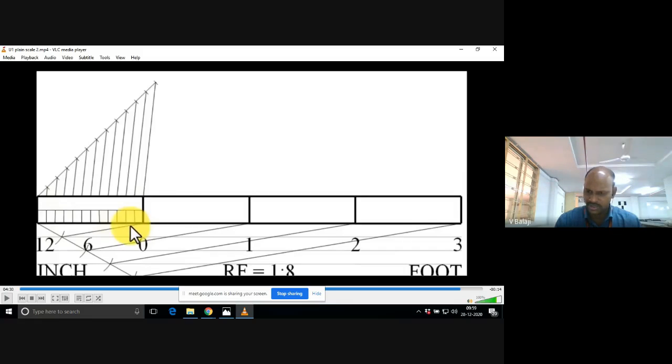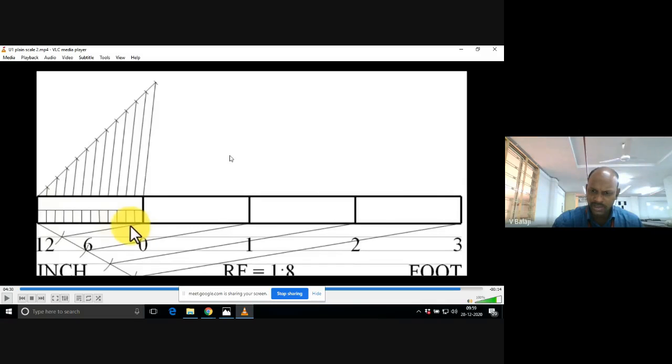Even if an area problem is there, after small calculation modification, taking the square root for the RF calculation, we can adopt the same procedure for construction of area problems and volume problems. Can you apply this method to construct any plane scale?